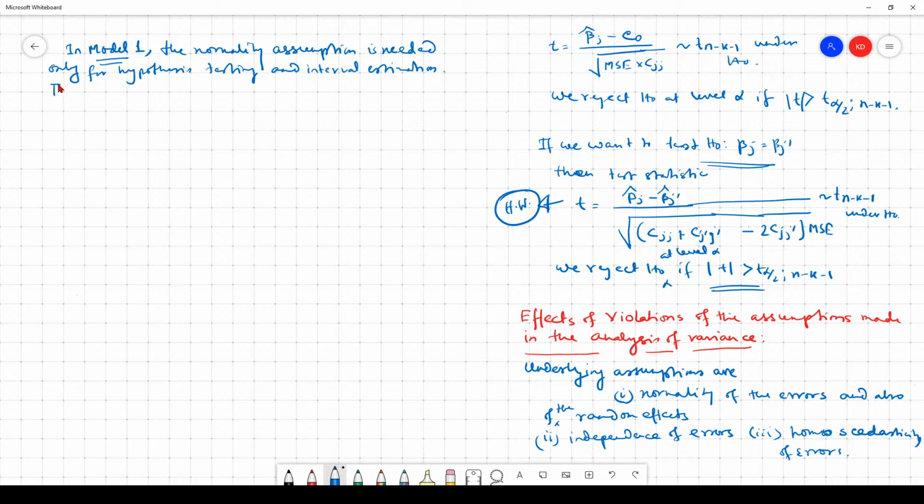Thus, all point estimators and their estimated variances remain valid even under non-normality.